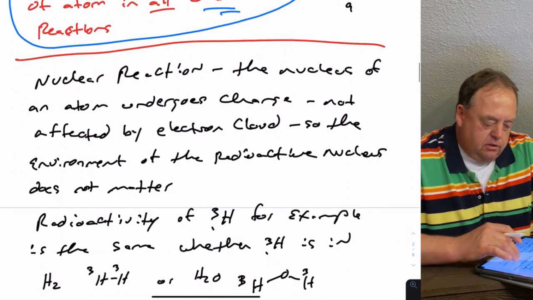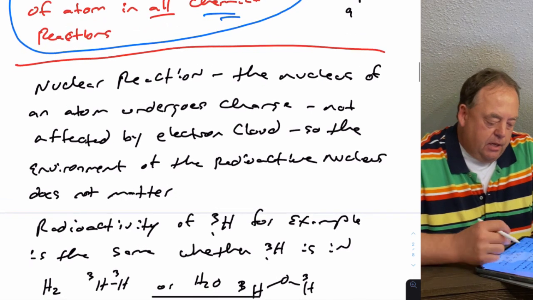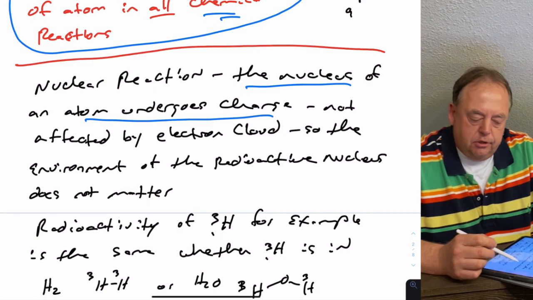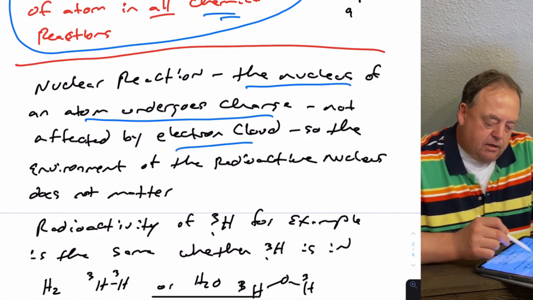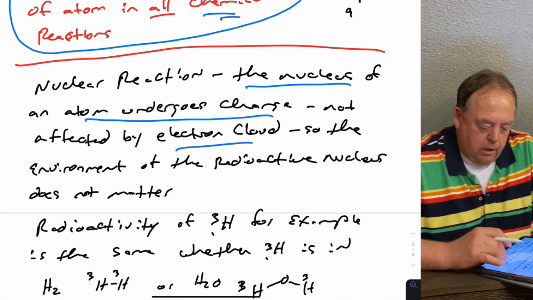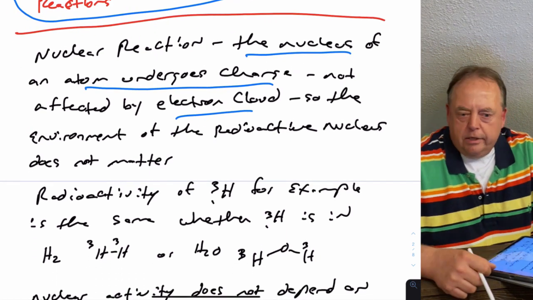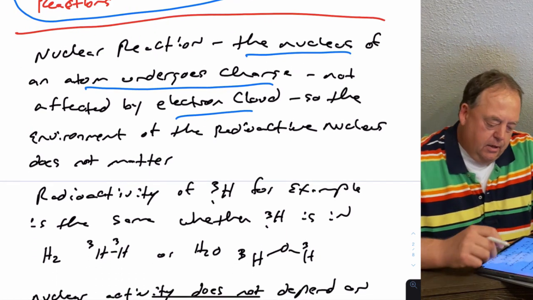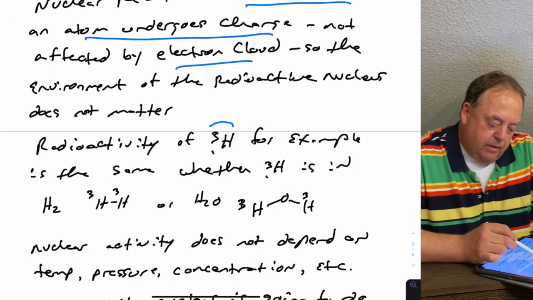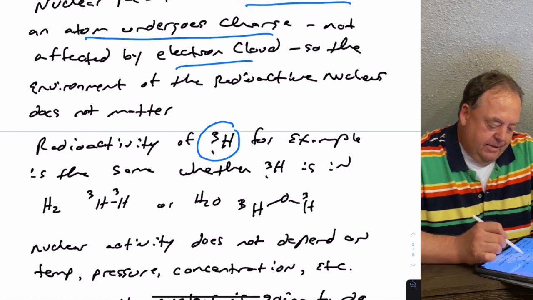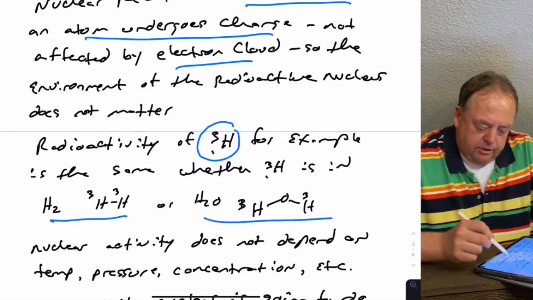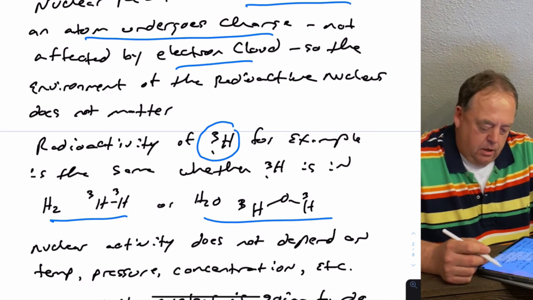So what's the difference between that and a nuclear reaction then? In a nuclear reaction, it's the nucleus of the atom that undergoes change, and it's not affected by the electron cloud. So often in nuclear chemistry, the electrons are totally ignored because they're not important. So the radioactivity of tritium, for example, hydrogen 3, is the same whether the tritium is in H2 or in H2O.